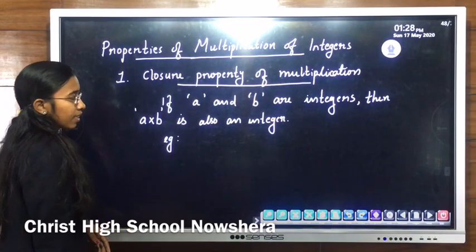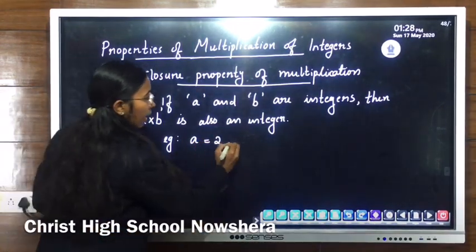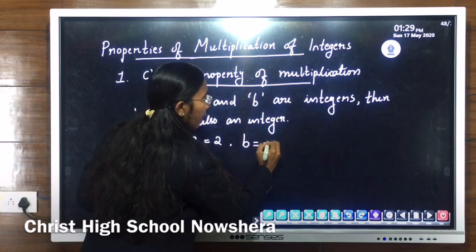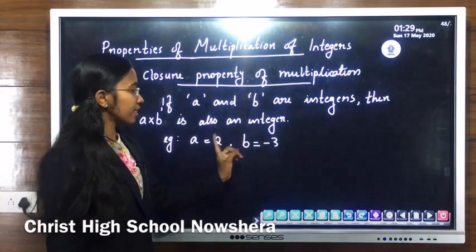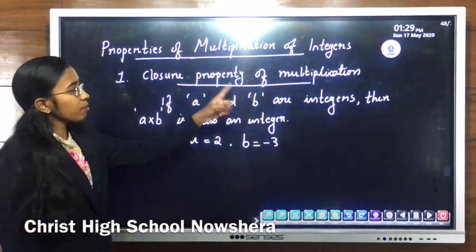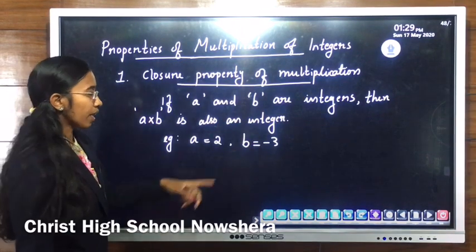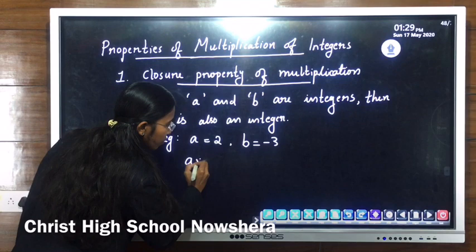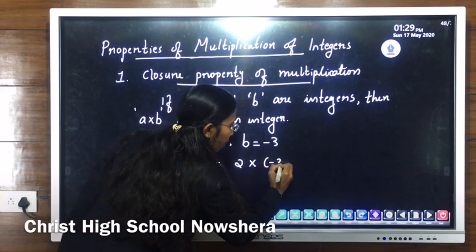For example, I am taking A as 2 and B as minus 3. So here 2 and minus 3 both are integers only. Then A multiplied by B is also an integer. A into B means 2 into minus 3.